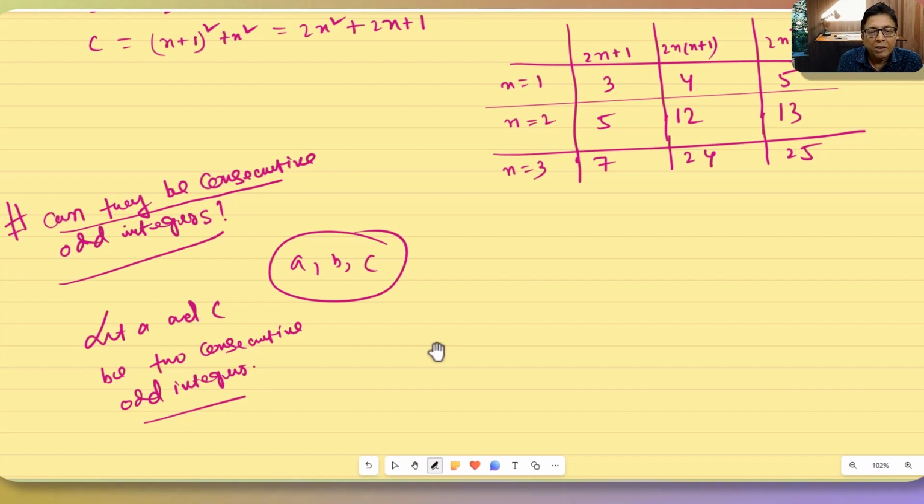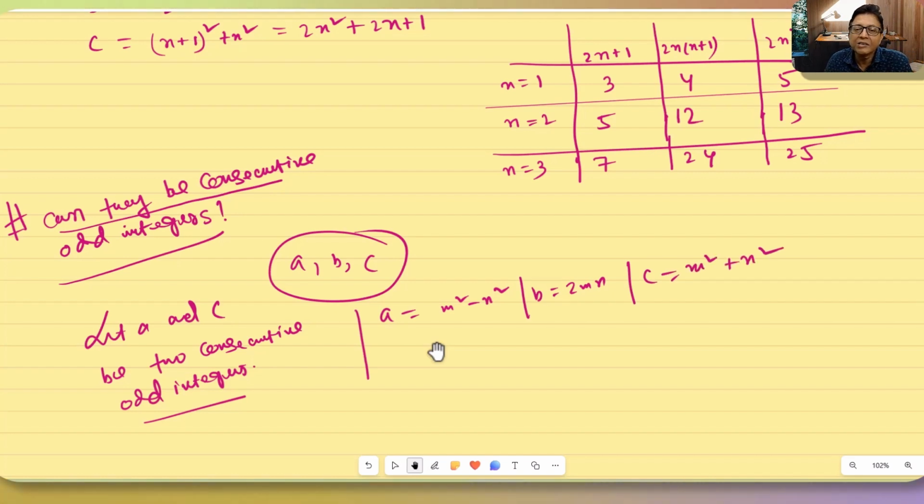Now the form you try to remember: a is m square minus n square, b is 2mn, and c equals m square plus n square. Consecutive odd integer means a plus 1 should be equal to c. c we know is odd. So this may be odd, may be even. This time we are assuming that they are both odd.